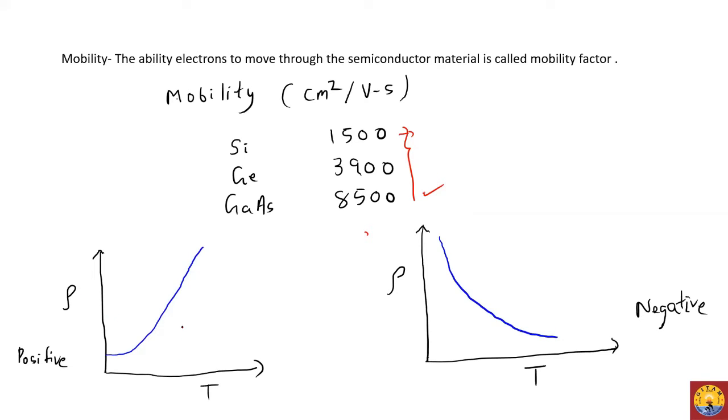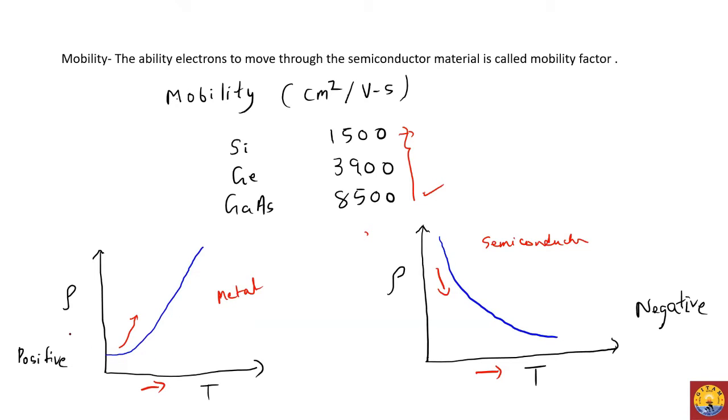as the temperature increases, the resistivity will change. The material becomes either more conducting or less conducting. This is the case for metals: as you increase the temperature, the resistivity increases. Whereas in semiconductors, as you increase the temperature, the resistivity decreases.